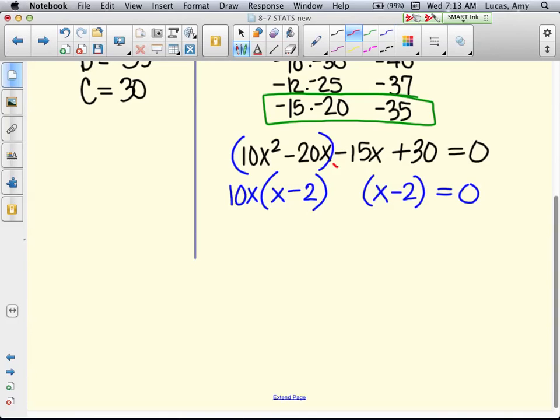So looking at this term, negative 15x, I would need to take out a negative 15. Negative 15 times x is negative 15x. Negative 15 times negative 2 is positive 30. So my first binomial is x minus 2. And then my second binomial, what I factored out, 10x minus 15.